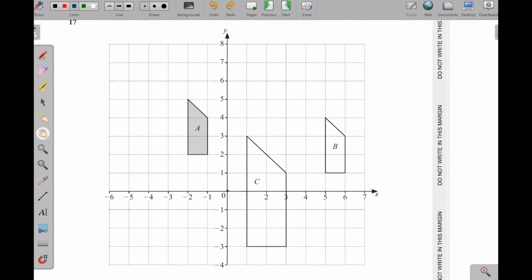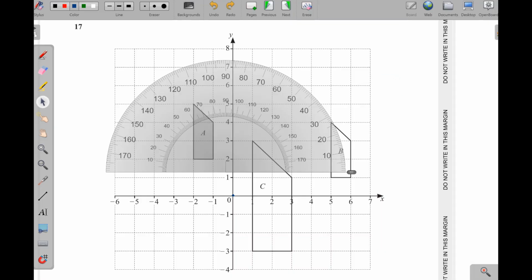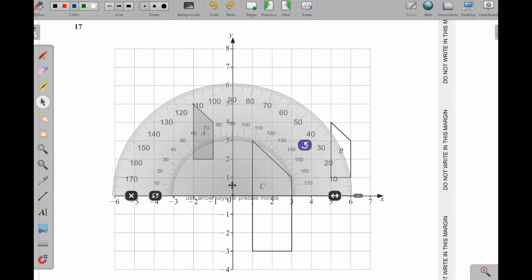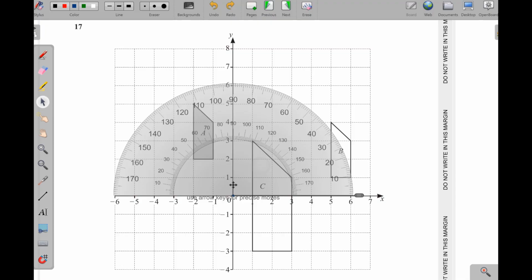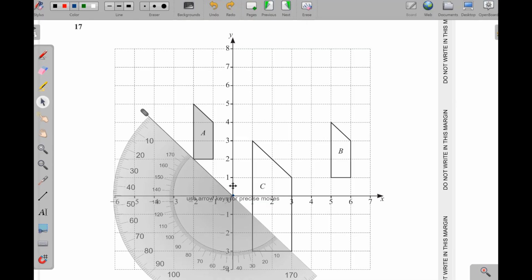So I'll put my protractor here. I'll put it at this position 0, 0. Then we are moving anti-clockwise. So anti-clockwise, we move like this, not so. If it is clockwise, we move like that. So I'll put my protractor like this.